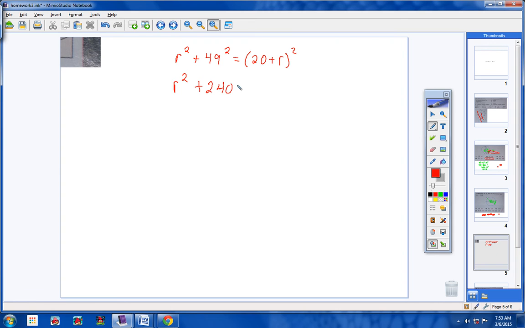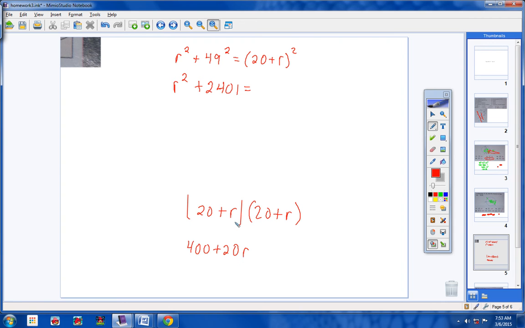Now those who are a little weak in algebra, let's review this. 20 plus R squared means 20 plus R times 20 plus R, okay? And how you do that is you take the 20 and you multiply it through. So 20 times 20 is 400, which is 20 squared. 20 times R is 20R.